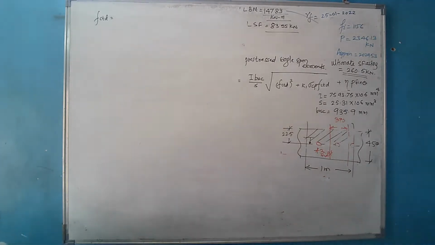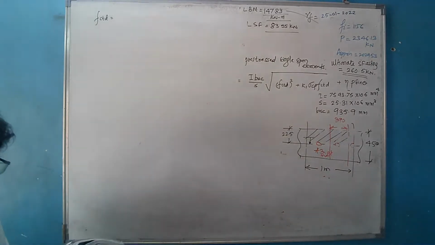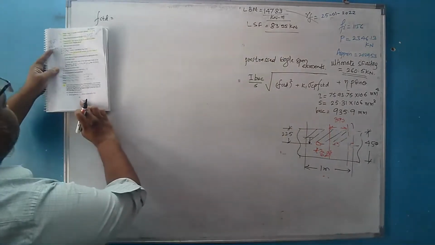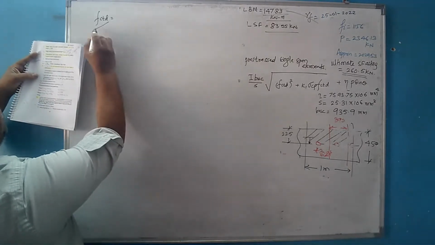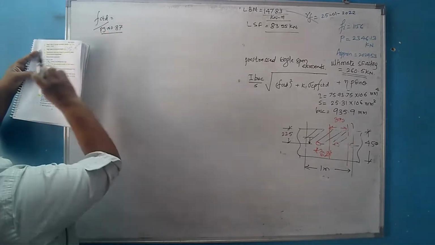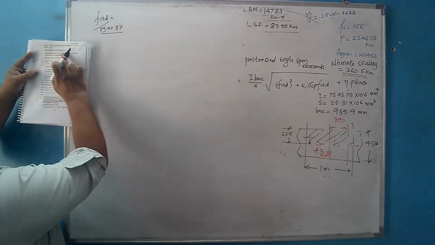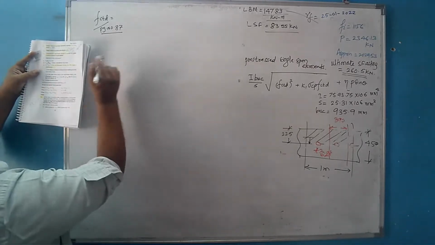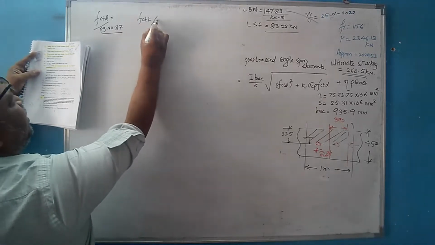What is this FCTD? See, now the differential is given here on page number 87. Please refer page number 87. For this is available on page number 87. All notations are defined here. What is this FCTD? Design value of concrete tensile strength, FCTK. This is equal to FCTK divided by gamma m.